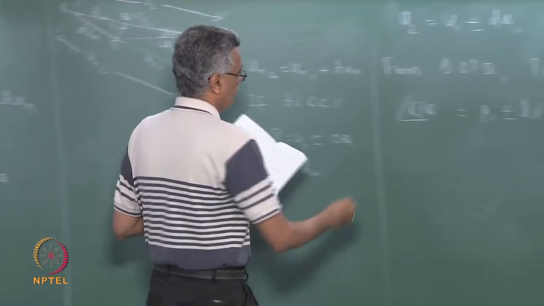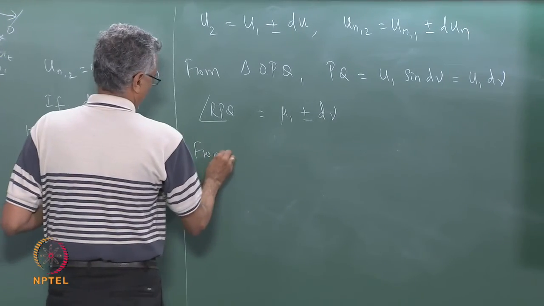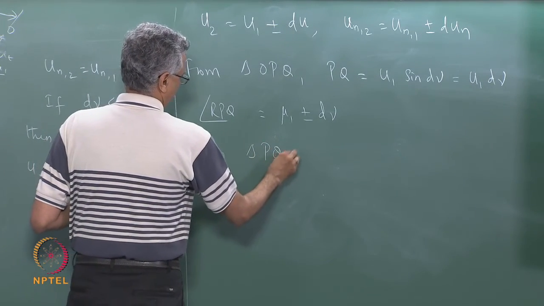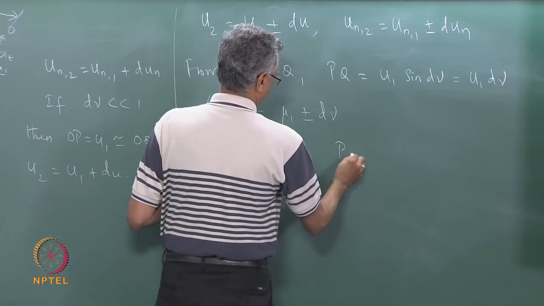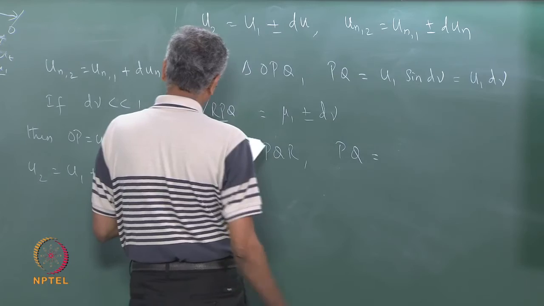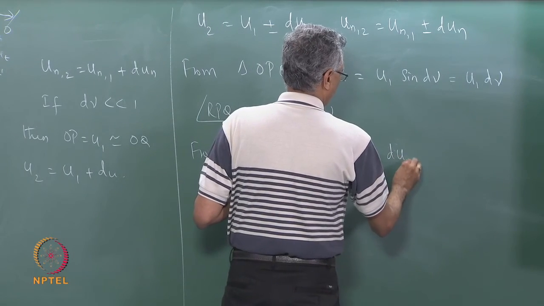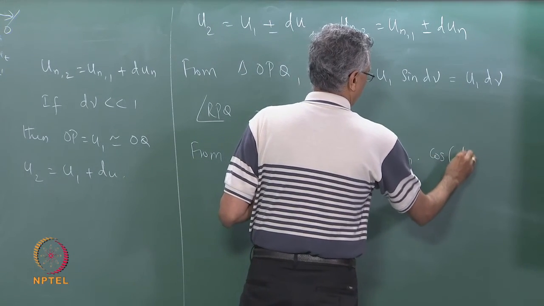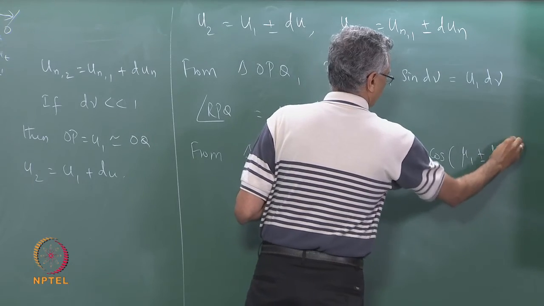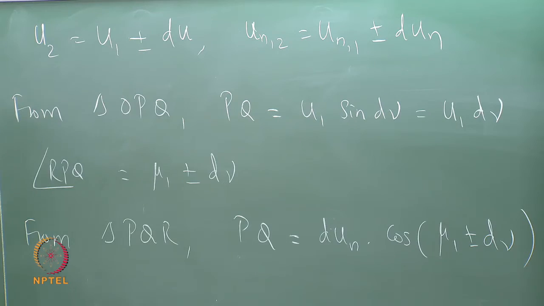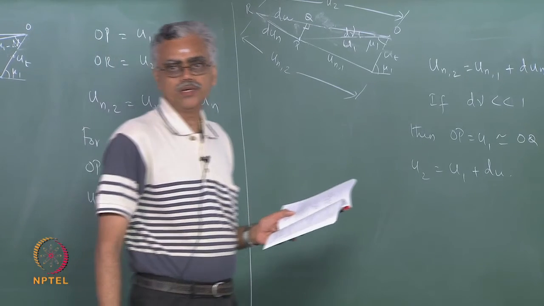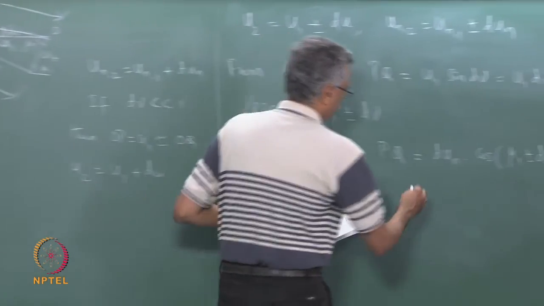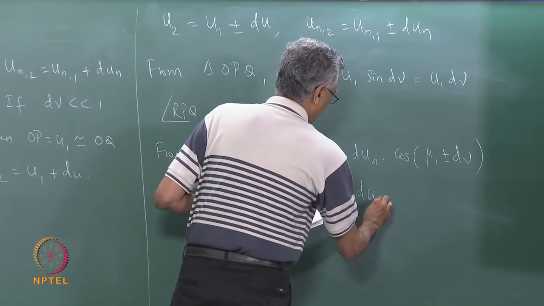So that from triangle PQR we get PQ is equal to DUN times cosine of mu1 plus minus d nu, and for small values of d nu this can be approximated as DUN cosine mu1 itself.